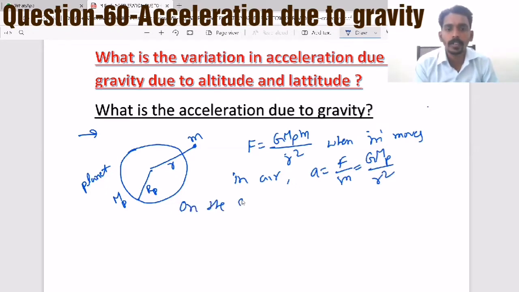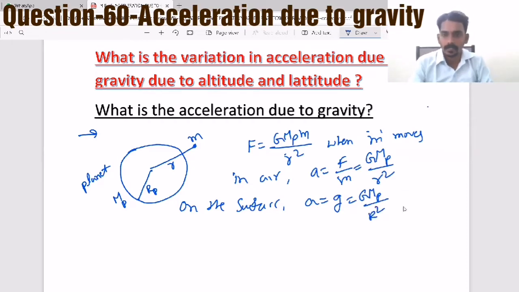Now on the surface, that is equal to GM by r square, where r is the radius of the planet.